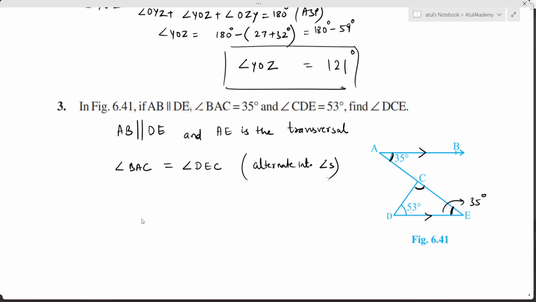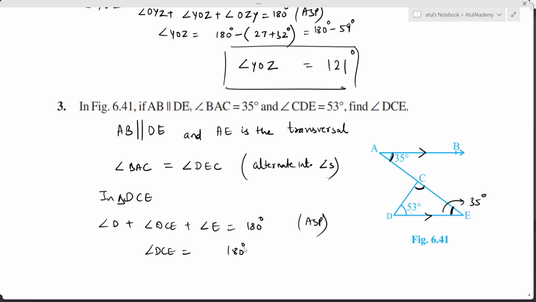Now this is done. Now I'll use the triangle sum property. In the triangle DCE, I have angle D plus angle DCE plus angle E equals 180 degrees, angle sum property. So what will be DCE from here? 180 degrees minus angle D, which is 53, and angle E, which is 35 degrees.